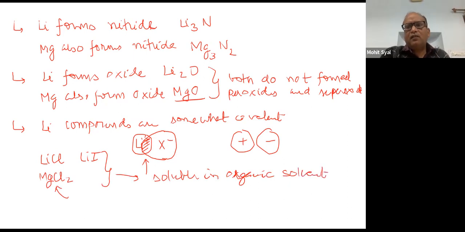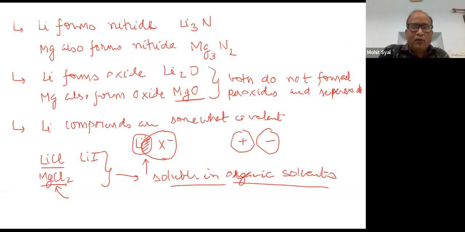These organic solvents are not soluble in water. Actually, organic solvent is non-polar. Covalent molecules are soluble in organic solvents. So these are somewhat covalent, so they are soluble in organic solvent. But if you take NaCl, NaCl is ionic, so cation and anion are not going to become soluble in organic solvent.